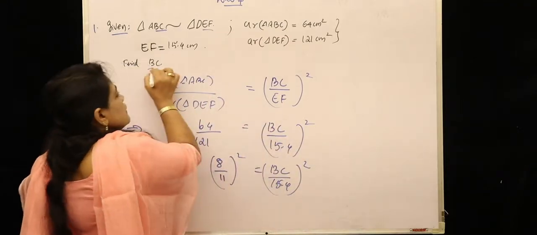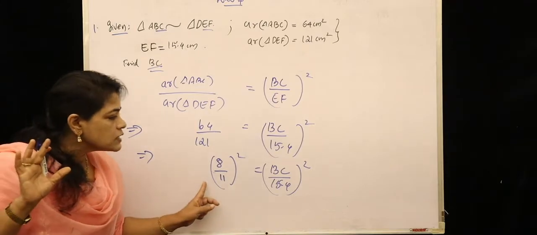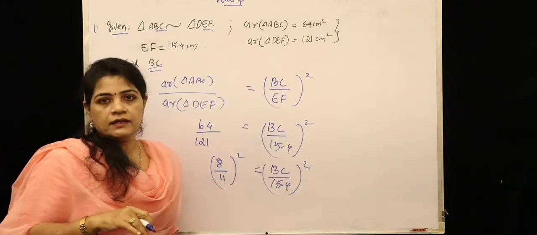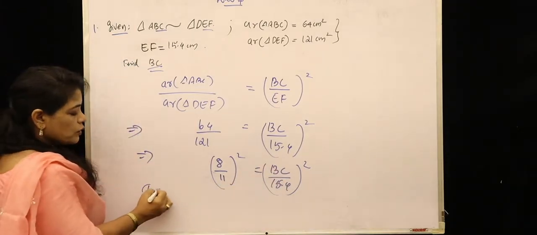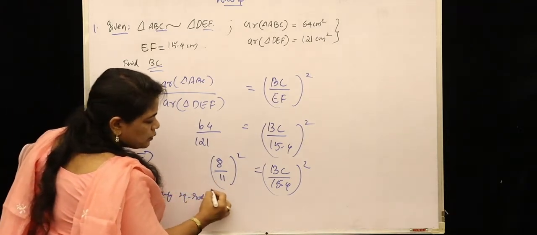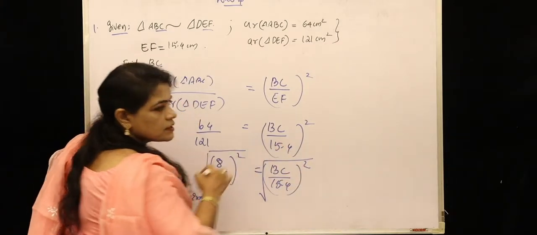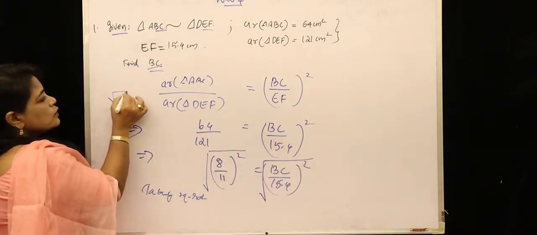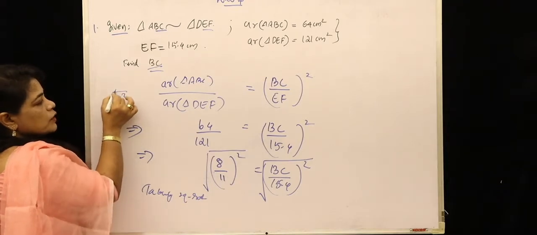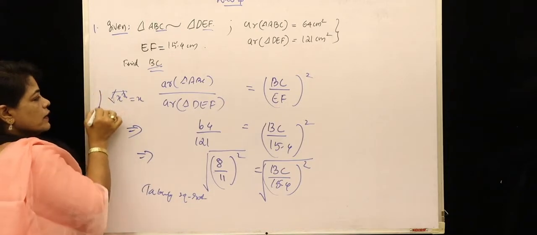See, in the question we need only BC. That means we take the square root on both sides, the square root of this equal to the square root of this. What is the square root of x square? The square root and the square get cancelled, and that is equal to x.